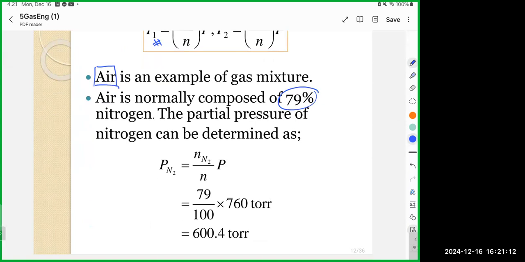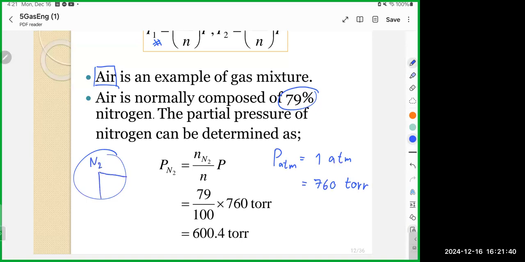From the last class, the atmospheric pressure is 1 atm, right? And it can be converted into 760 torr.